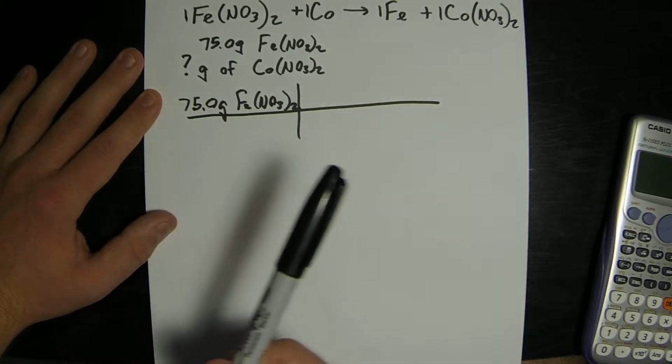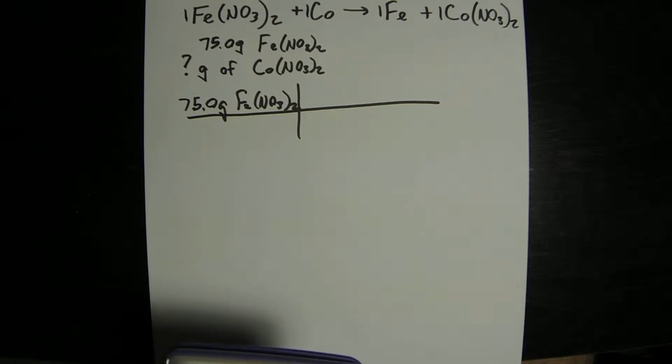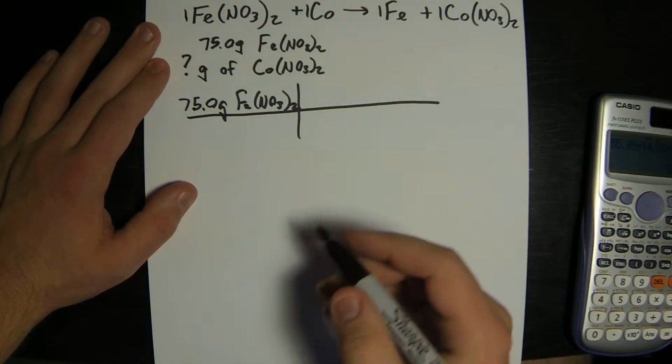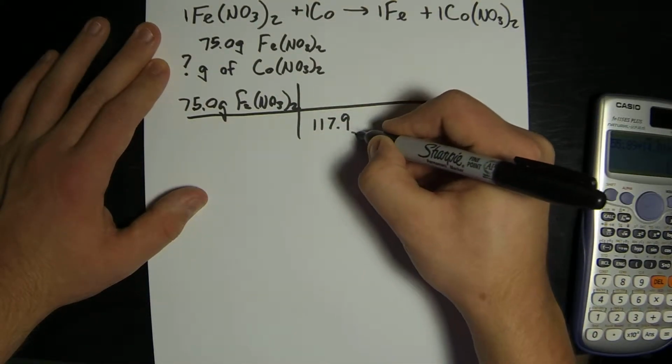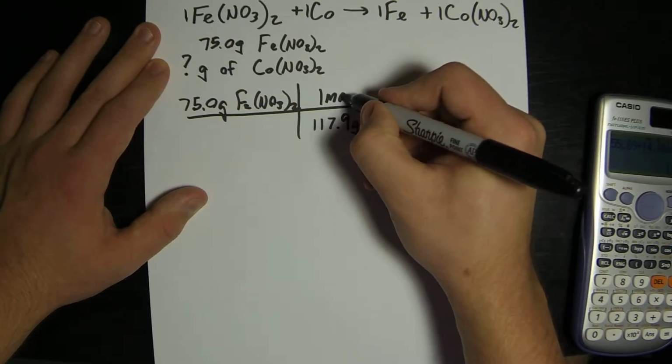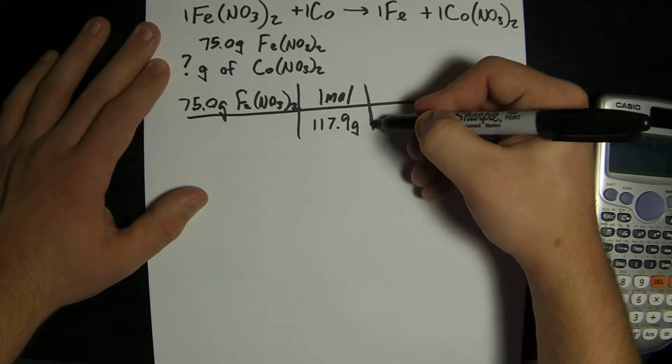So going to our periodic table, I happen to know off the top of my head that iron weighs about 55.89, plus nitrogen weighs about 14.01, and then there's 3 oxygens, which weigh 16 apiece. So iron nitrate weighs about 117.9 grams per 1 mole. This is straight from the periodic table, or in my case, just from my memory.